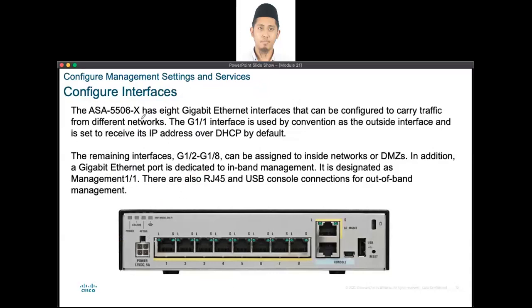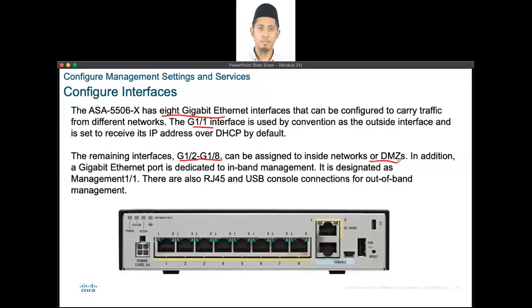Configure interfaces. The ASA 5506-X has 8 Gigabit Ethernet interfaces that can be configured to carry traffic from different networks. The G1/1 interface is used by convention as the outside interface and is set to receive its IP address over DHCP by default. The remaining interfaces, which are G1/2 to G1/8, can be assigned to the inside network or DMZ.